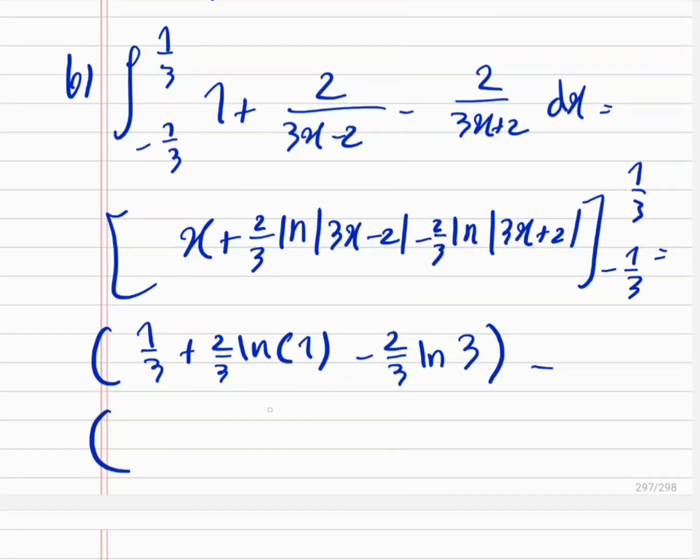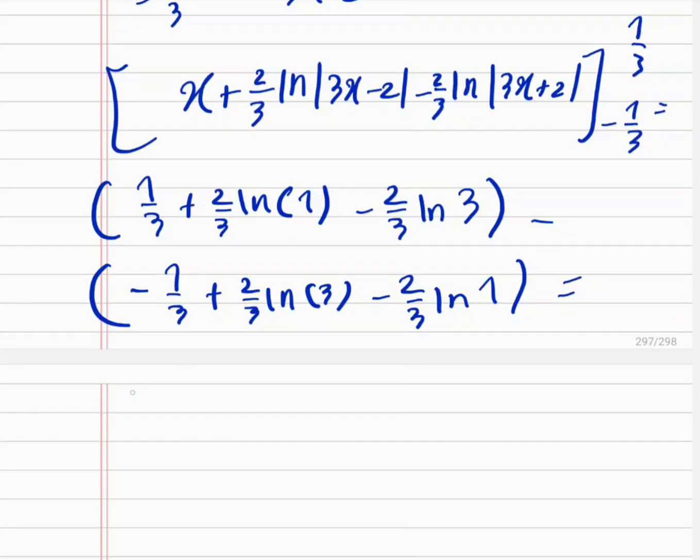Now substituting minus 1 over 3, we get minus 1 over 3 plus 2 over 3 ln, and minus 1 over 3 here gives us minus 3, but since it's a modulus, it just becomes ln 3. And minus 2 over 3 ln, again minus 1 over 3 substituted gives us minus 1 plus 2, which is just 1.